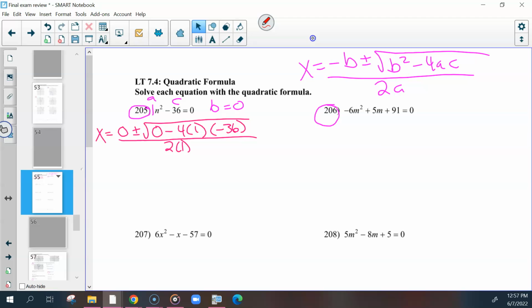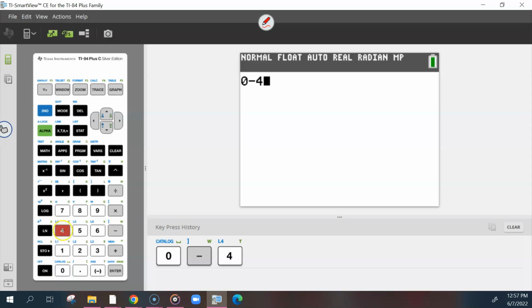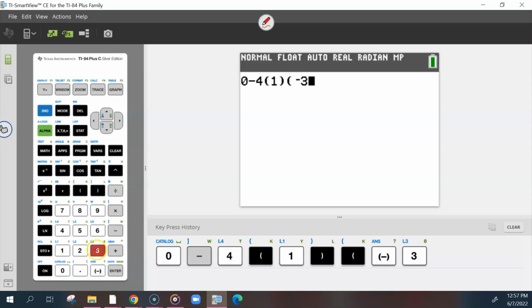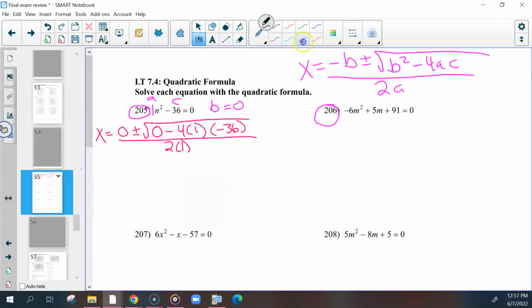If you put this inside in the calculator without the square root, 0 minus 4 times 1 times negative 36, it will simplify it for you. First write this as you're jumping ahead: x equals 0 plus or minus the square root of 144 all over 2.